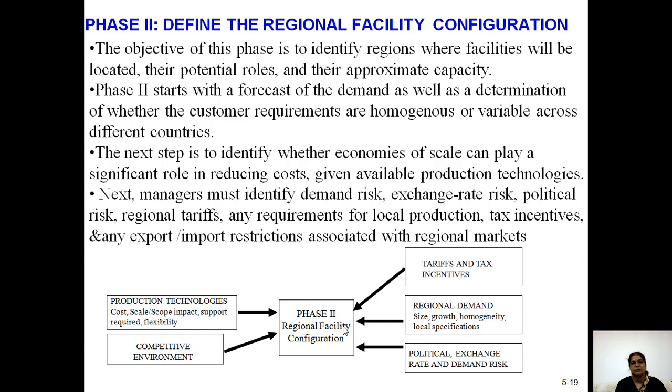Once again, wherever possible, cut the cost. And then what are the risks associated with the demand, or political risk, or any restrictions which are regionally imposed. So all these have to be considered while going for the decision in phase 2.